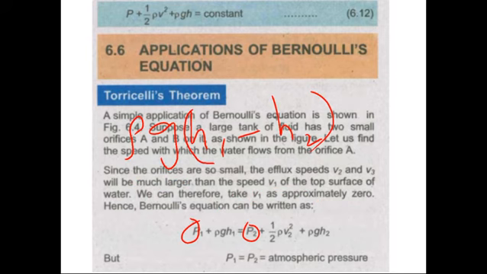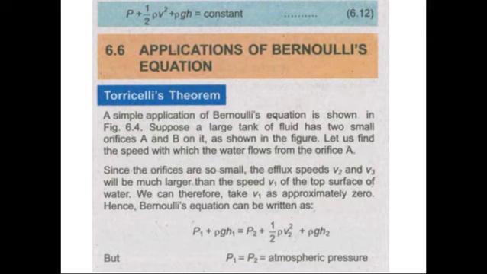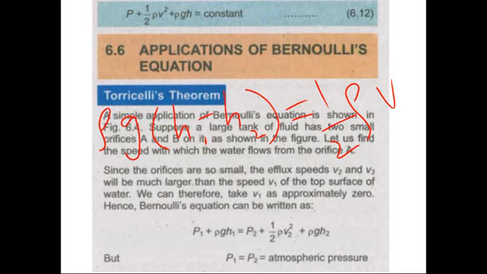Now write these steps in your register. I am writing again. P1 and P2 are constant, neglected. Rho g I have taken common, and I have written here h1 minus h2, and on the right hand side is left behind half rho V2 square. And you can see that on the left hand side and right hand side rho cancels out.